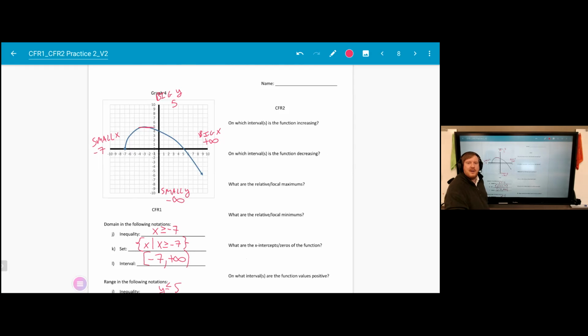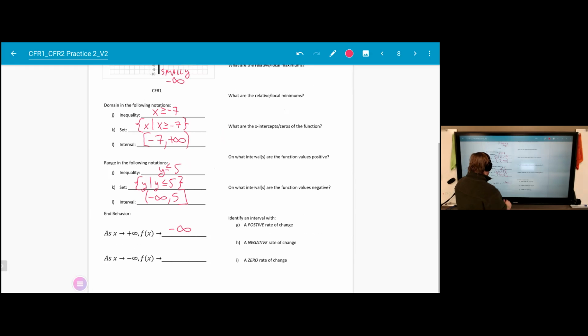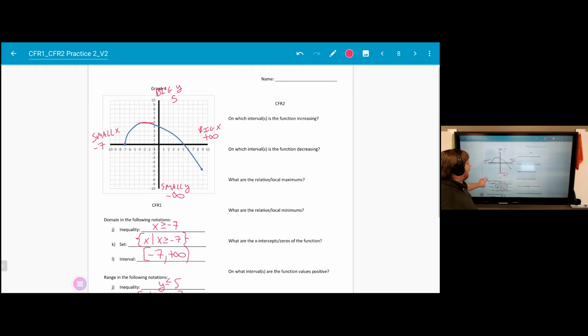There is no arrow on the left. Since there is no arrow on the left, x cannot go to negative infinity. Therefore, there is no end behavior. We call this does not exist, or DNE.